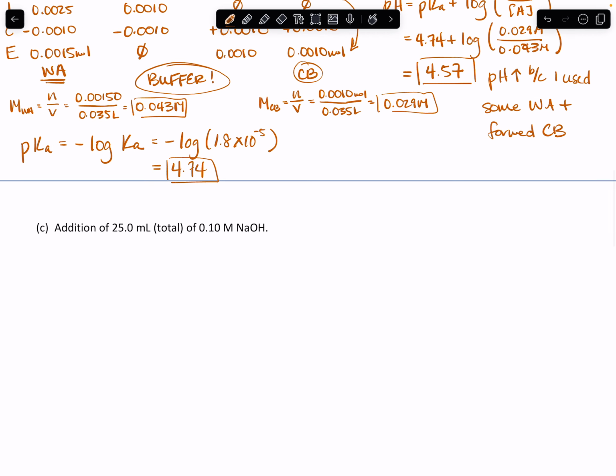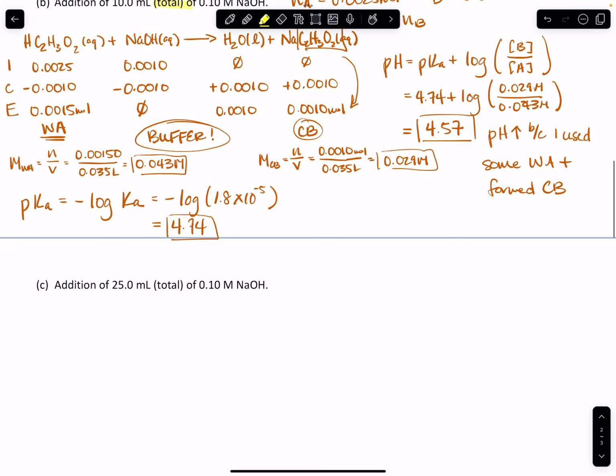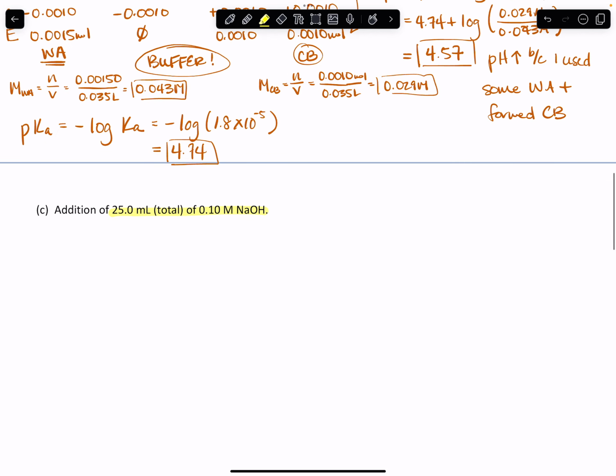Okay. Next. Now we're going to add 25 milliliters total of 0.1 molar NaOH. So again, the moles of acid are the same, 0.0025 moles, because that's what I had to start with. Now my moles of base are going to be equal to the molarity of the base times the volume of base added.